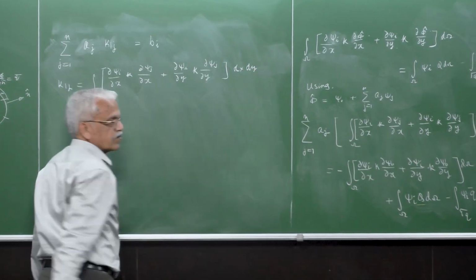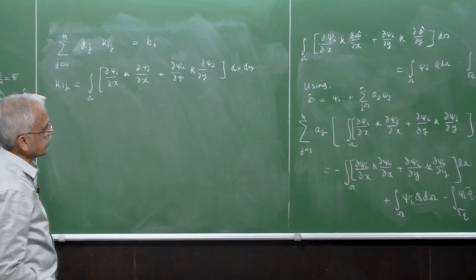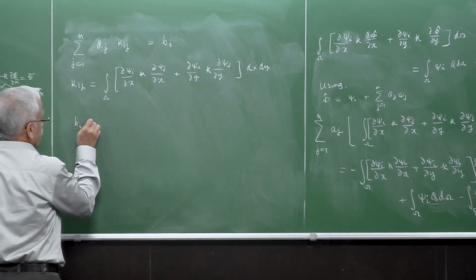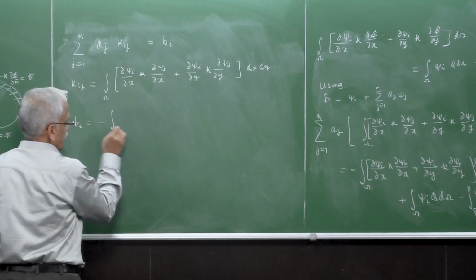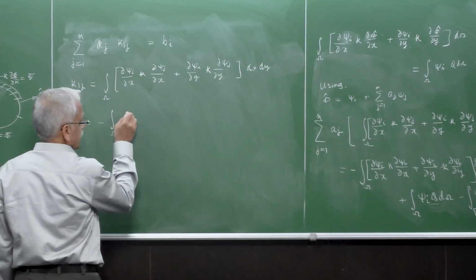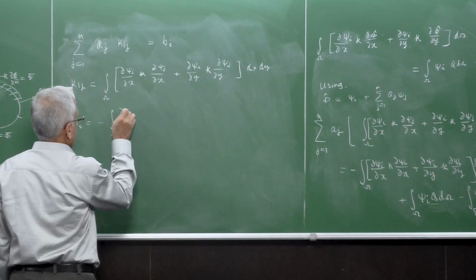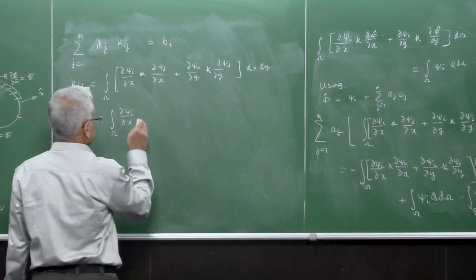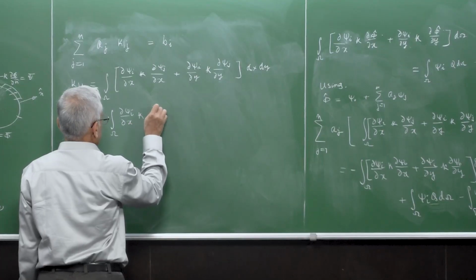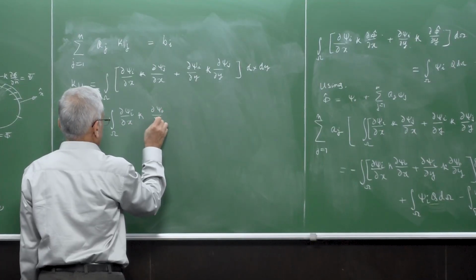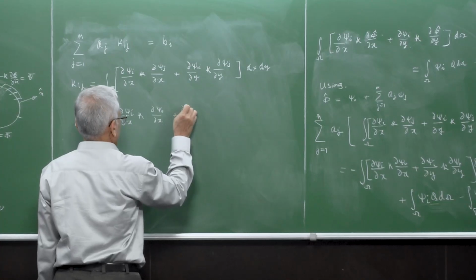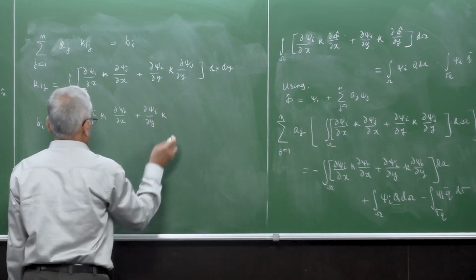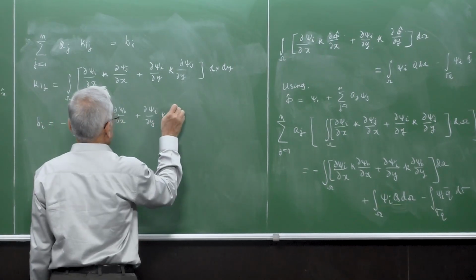I can write it as dx dy if I need it, or sometimes I write it as d omega. And this is Kij, and bi is the one on the right side, which we have written here. So this is the complete set of equations.